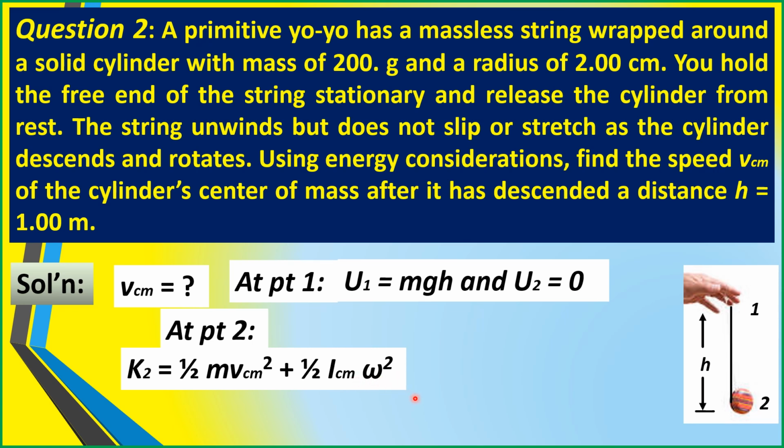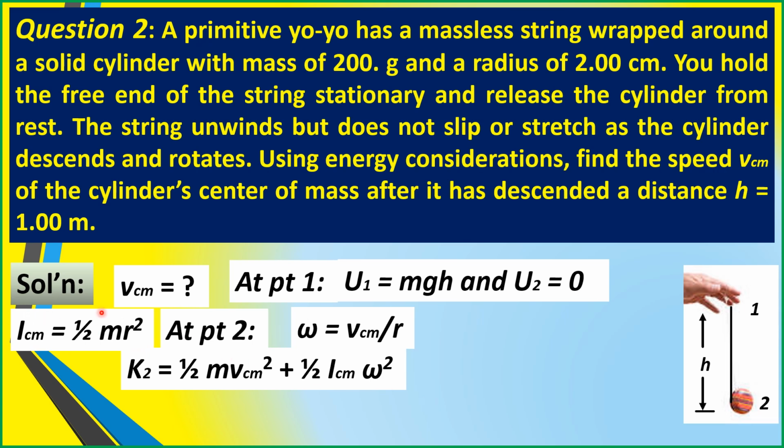This angular speed is just equal to the linear speed v of the center of mass of the yo-yo divided by the radius of the yo-yo denoted by letter r, while the moment of inertia, since we're talking about a solid cylinder, is equal to 1/2 times the mass and the square of the radius.